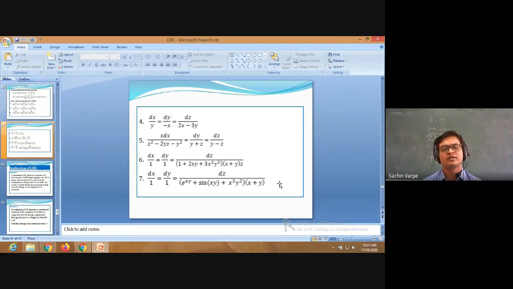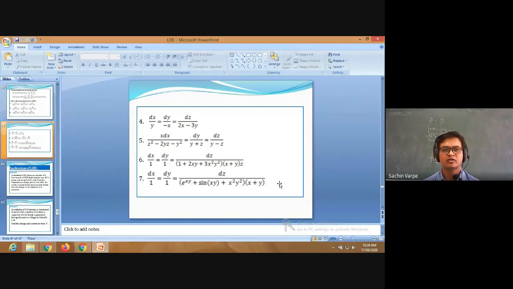Now tell me the set of multipliers, if it is possible. See, the first solution we got is x minus y is equal to c1. Now we are trying to find the second solution. To find the second solution, method of grouping is not possible, I think. Please tell me if it is possible.